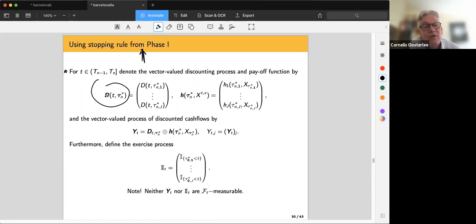Then we have a vector of discount values, a vector of payoff values for each of the J derivatives. And we have the product, this is just the component-wise product. So we have the vector y, which is the component-wise product of the discounting and the payoff. And we have the early exercise process, so the indicator function that the early exercise time is before the final time.